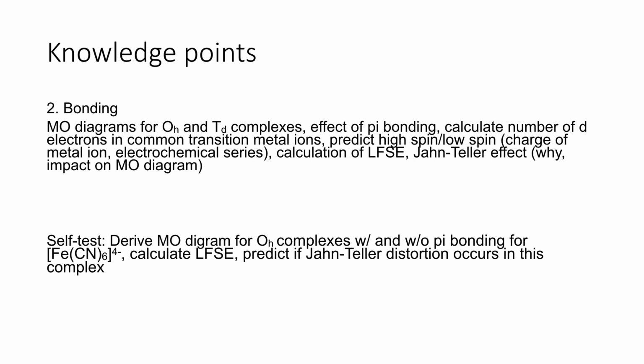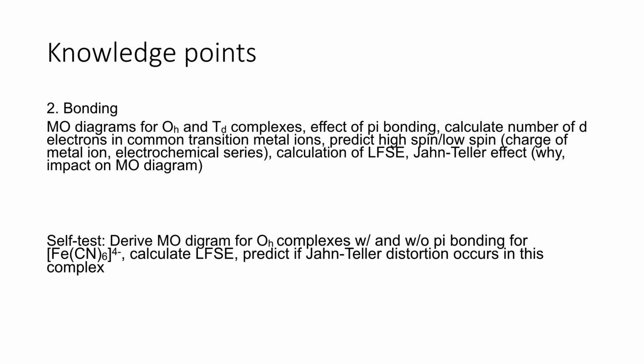All right, for this part, you can do a quick self-test by considering the following. First of all, you can derive a generic MO diagram for an iron complex, let's say iron hexacyanide 4 minus. Once you derive the MO diagram, you start with the simplest possible.